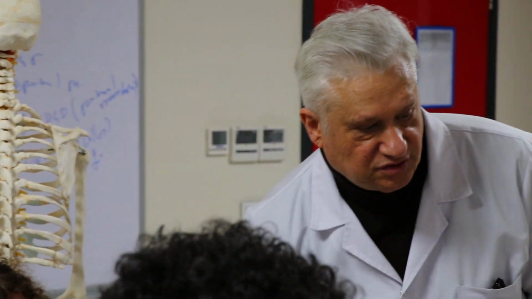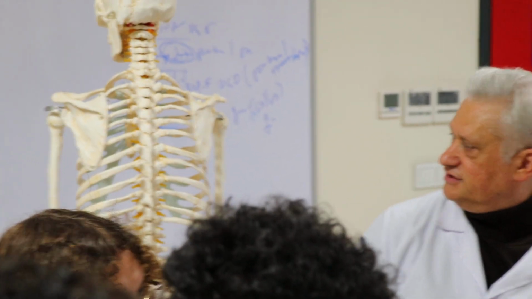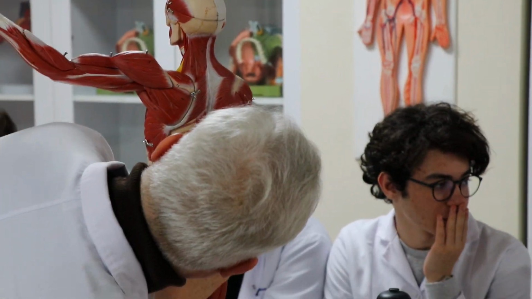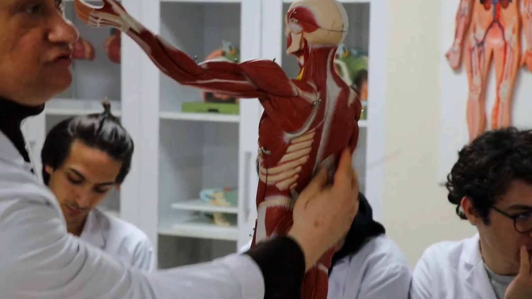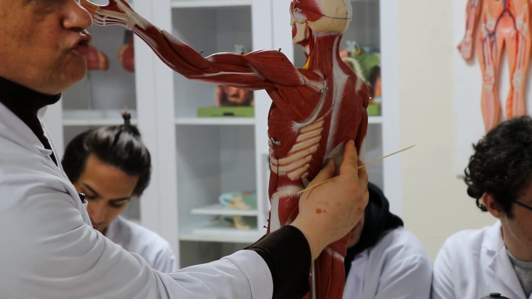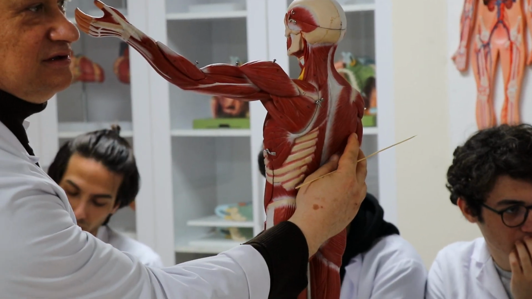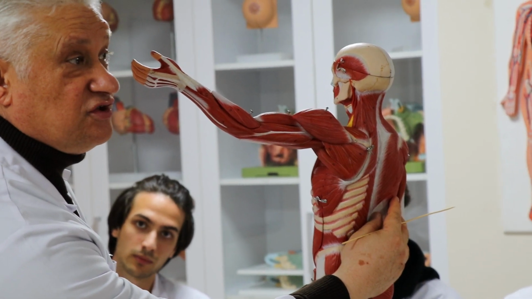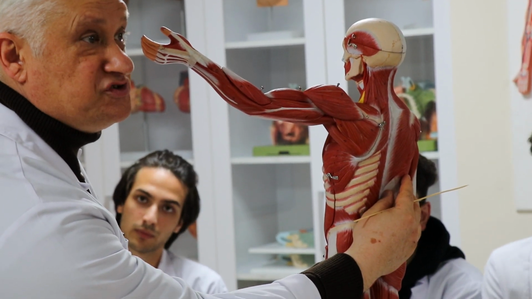We're done with that. And then we have the latissimus dorsi muscle, which is this muscle here. The origin is what? The lower six thoracic vertebrae, the spinous processes.